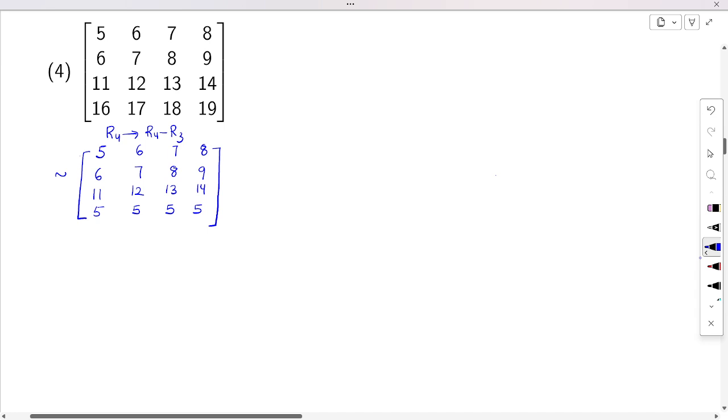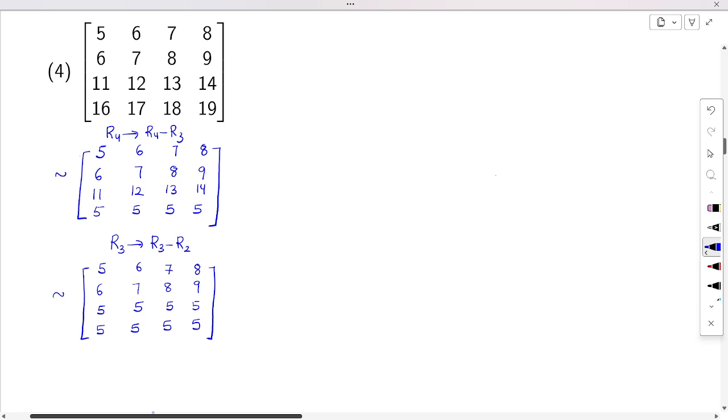is again 5. Then on row 3, apply row 3 minus row 2. This is 11 minus 6 is 5, 12 minus 7 is 5, 13 minus 8 is 5, 14 minus 9 is 5, 5, 5, 5, and 5.